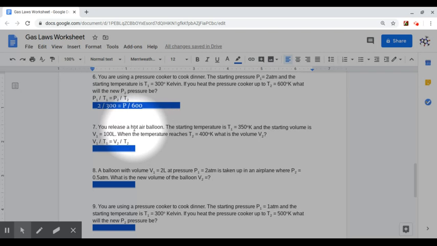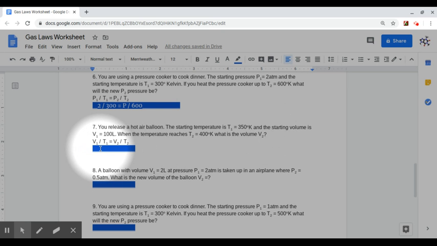Now, question 7. Again, let's try the hot air balloon problem, but this time without respect to pressure; let's think about temperature. You release a hot air balloon. The starting temperature is 350 degrees Kelvin, and the starting volume is 100 liters. When the temperature reaches 400 degrees Kelvin, what's the volume? This is another one with T1, V1, T2, and you don't know V2.